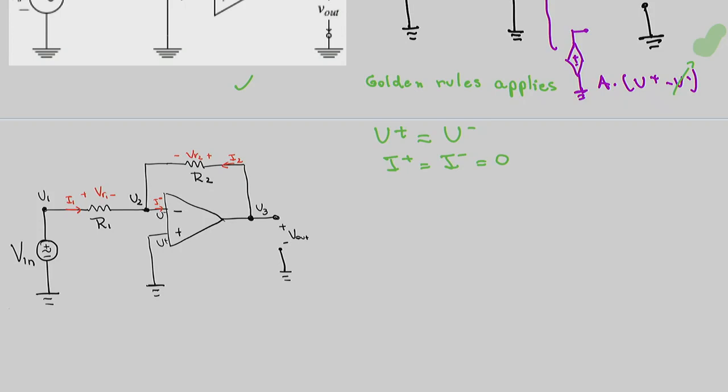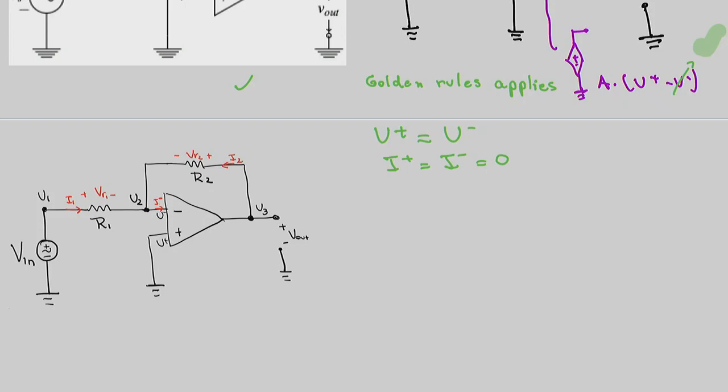Now take a look at this diagram as is, and I'm going to ask you a question. What's U minus? Is it 0?